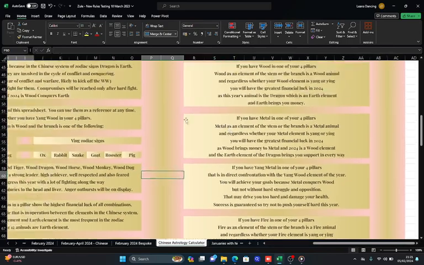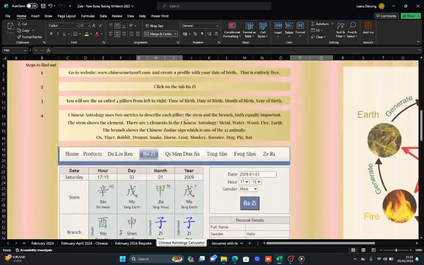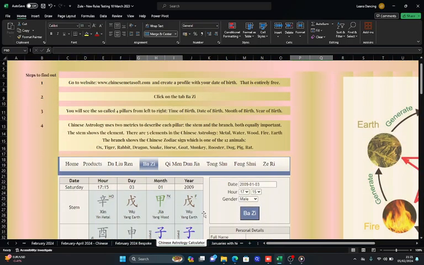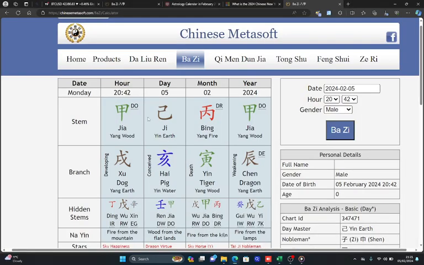Okay. And another thing I would like to show you, the beauty of the Chinese system, which I love very much, is that it has 4 pillars. So although this is your day here, this is your chart ruler, the other pillars are important as well.